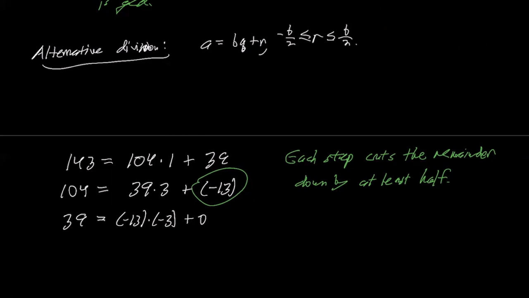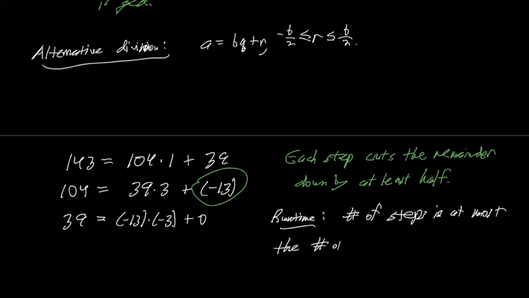We'll talk about runtimes of algorithms later, more systematically, but the number of steps is at most the number of bits, the number of binary digits if you wrote these numbers in binary, and in fact probably even the smaller of A and B.